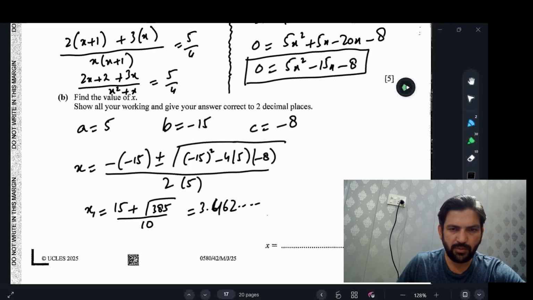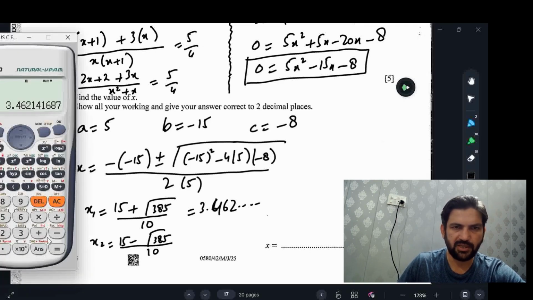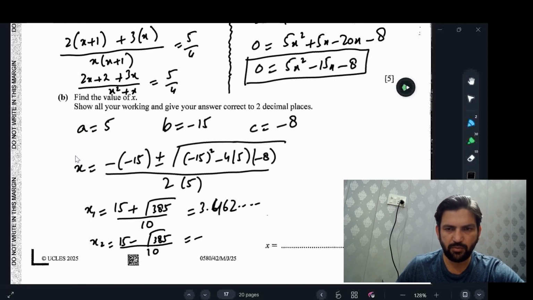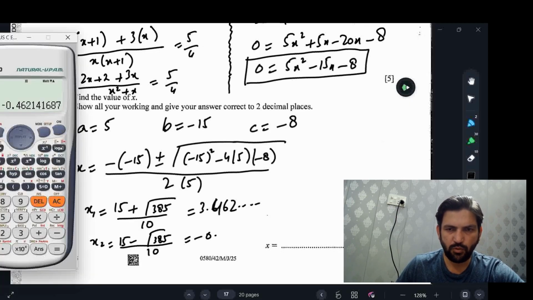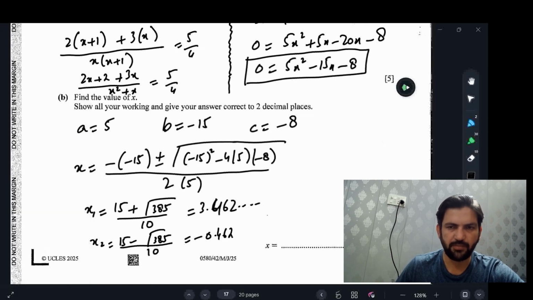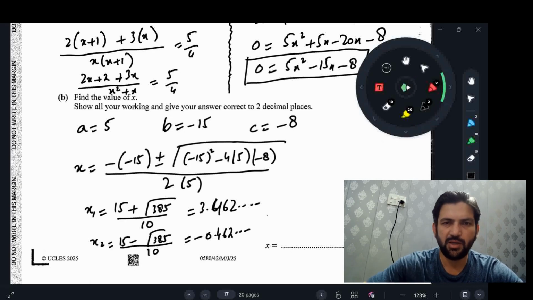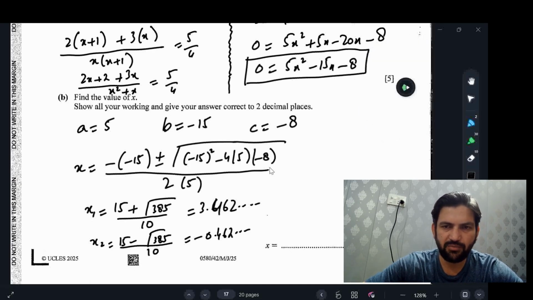The other value will be equals to 15 minus square root of 385 whole divided by 10. You can check this one, and in the decimal this will be equals to minus 0.462 and so on.